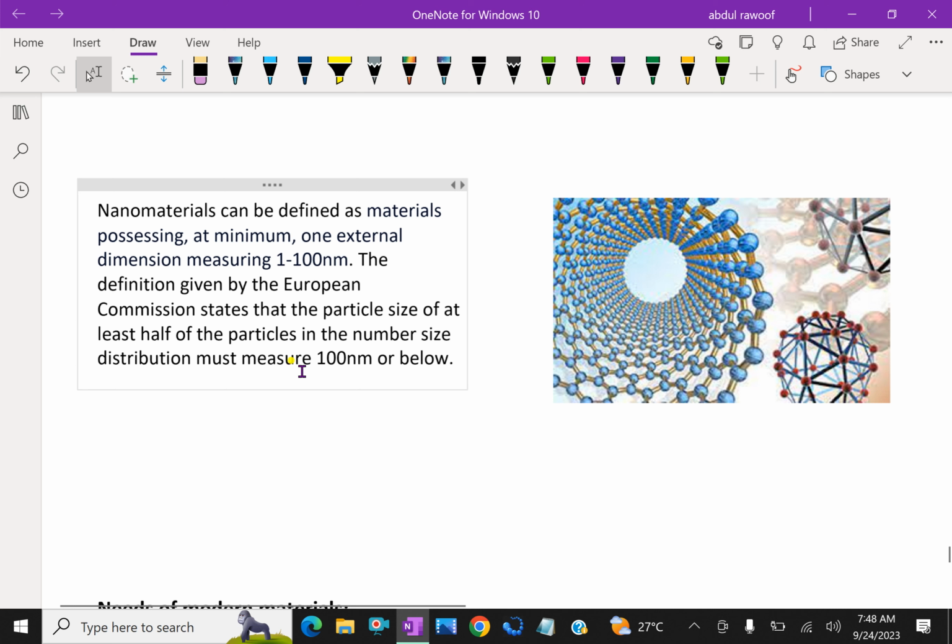Because of their unique and unusual properties, nanomaterials are finding niches in electronic, biomedical, sporting, energy production, and other industrial applications.